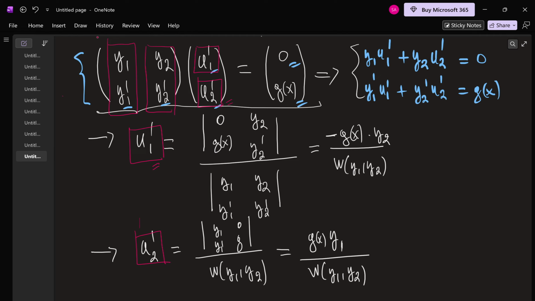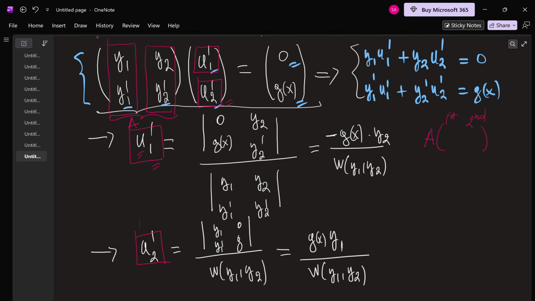So in Kramer's rule, suppose that this matrix is called matrix A. A has two columns, the first column and the second column.